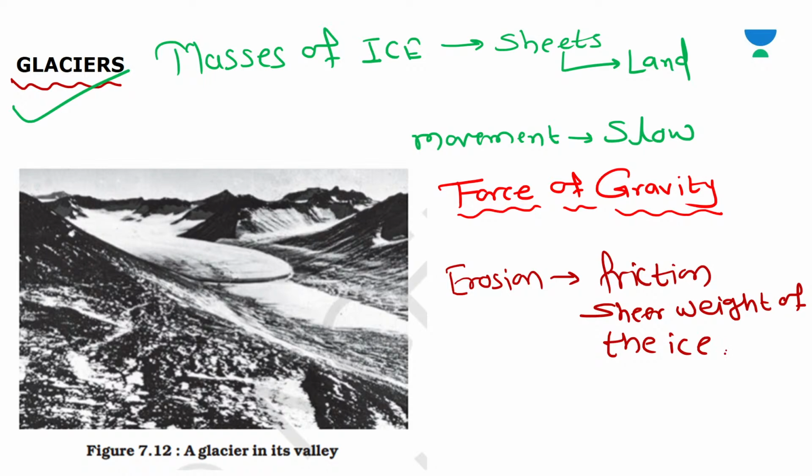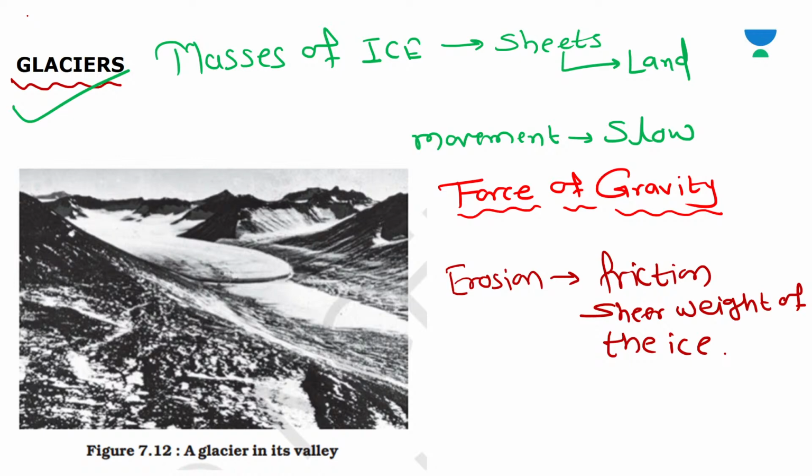The material plucked from the land by glaciers gets dragged along the floors or sides of the valleys and causes great damage through abrasion and plucking.